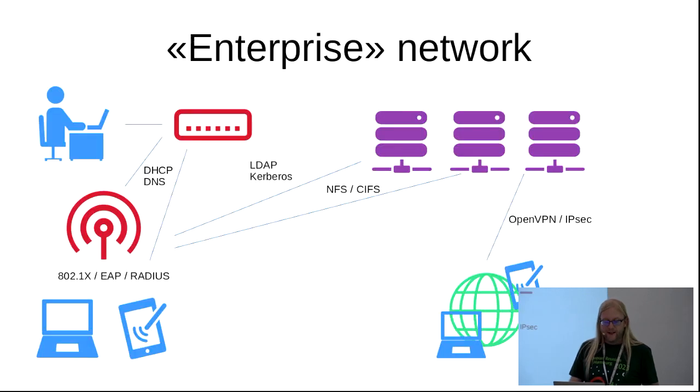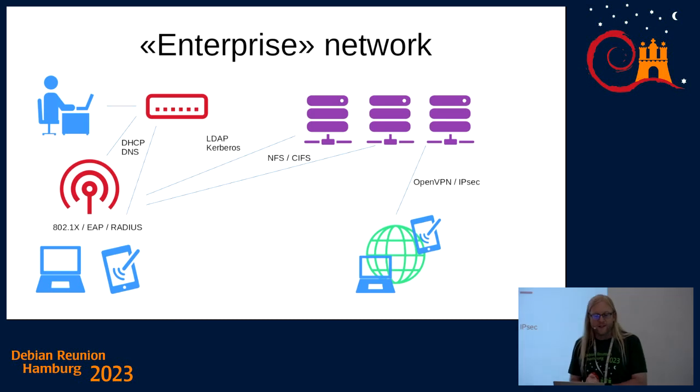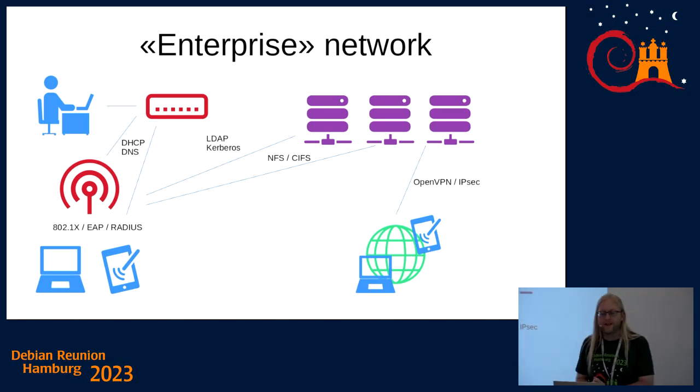To do that, first let's look into the average corporate basement. We have our nice little Debian network. No Windows here for now, just nice Linux machines. And the traditional approach when we design a corporate network is we have some infrastructure in the basement and quite a big collection of protocols that is used.